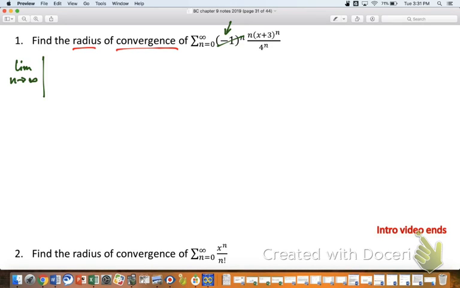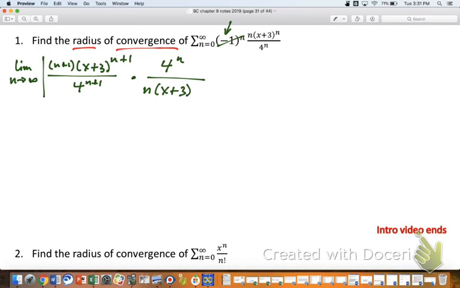It's the absolute value of the n plus 1th term, so that's going to be (n+1)(x+3)^(n+1) over 4^(n+1). And then that's divided by, or in this case, I'm going to multiply by the reciprocal of the nth term, so it's 4^n over n(x+3)^n.